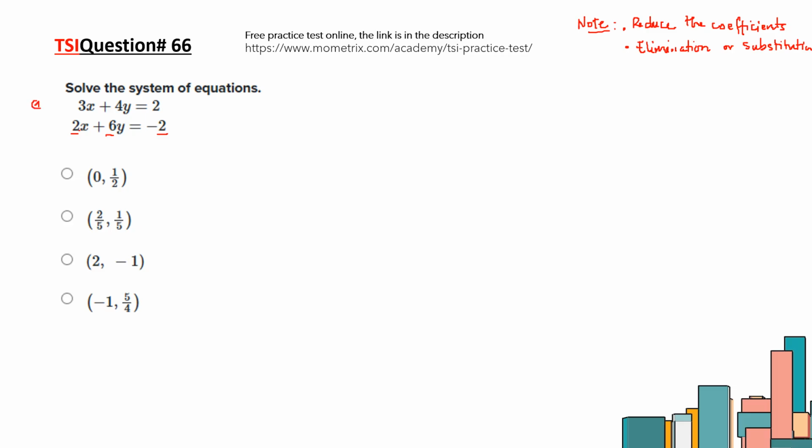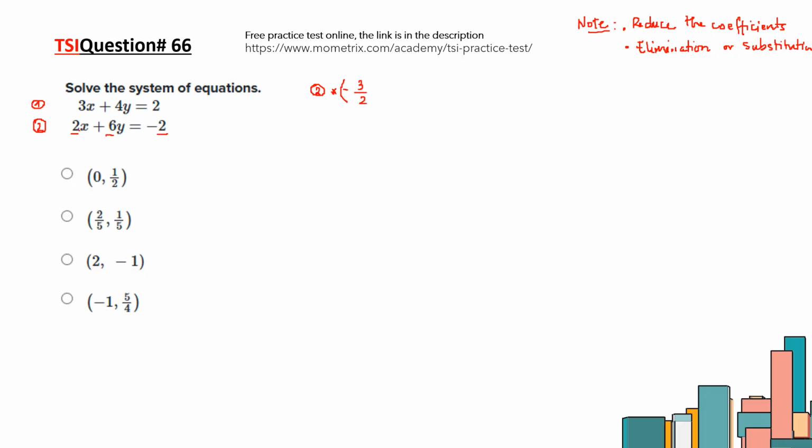So we have the first equation and the second equation. My first step is I will take equation number 2 and multiply by negative 3 over 2.